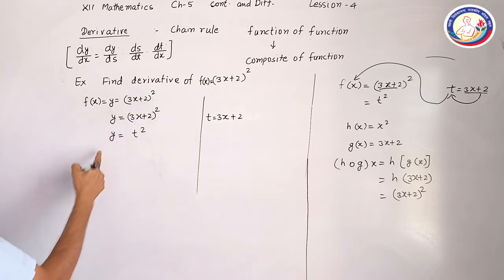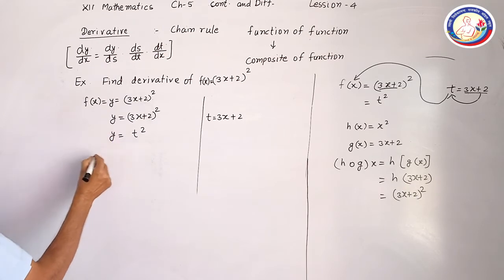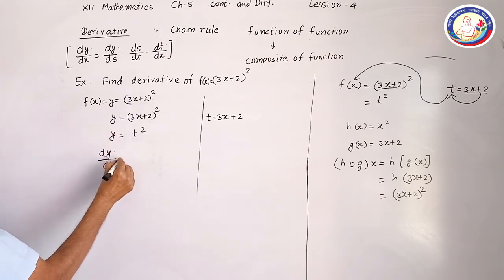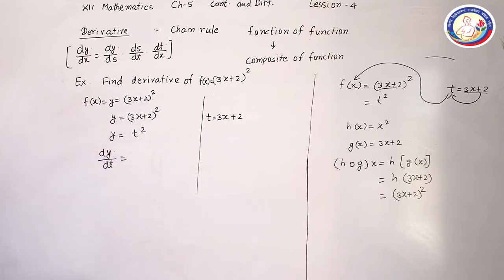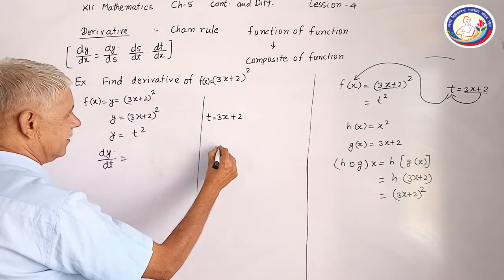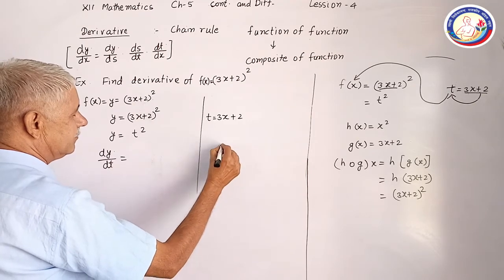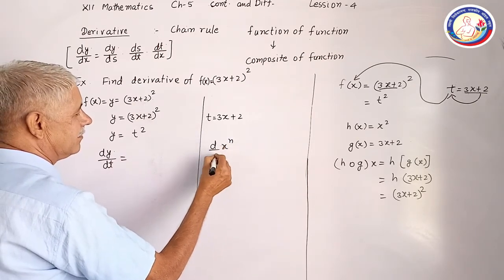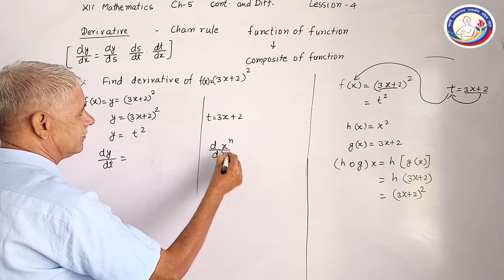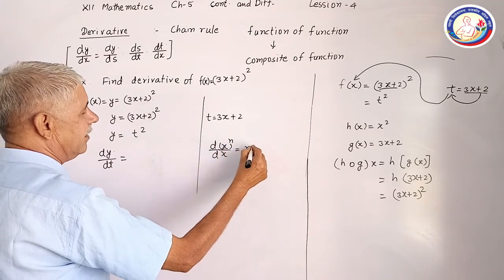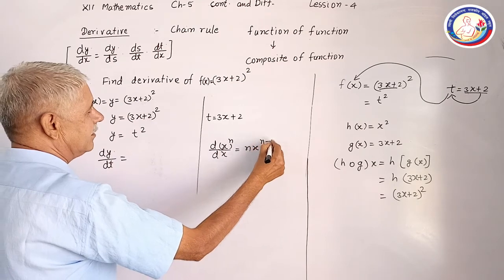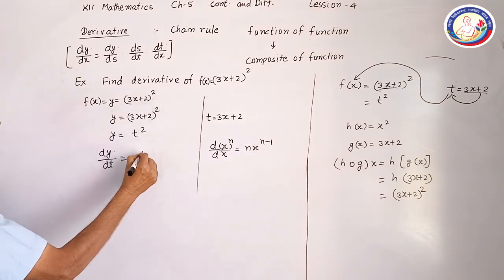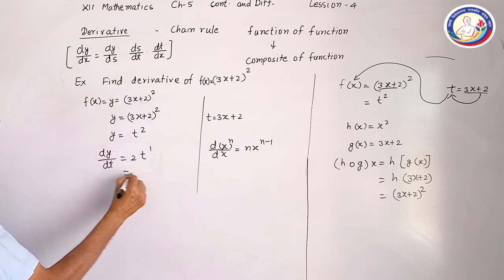Now differentiating both sides with respect to t, we get the derivative of y with respect to t, and this is t square. With the formula, the derivative of x raised to power n is n x raised to power n minus 1. Here the power is 2, so 2 into t raised to power 1, and that is simply 2t.